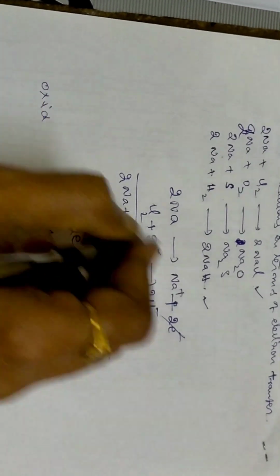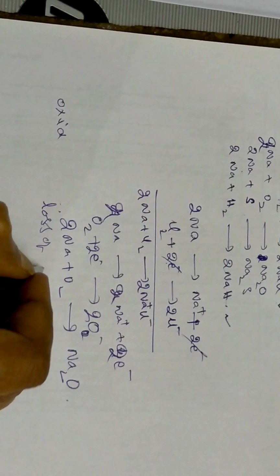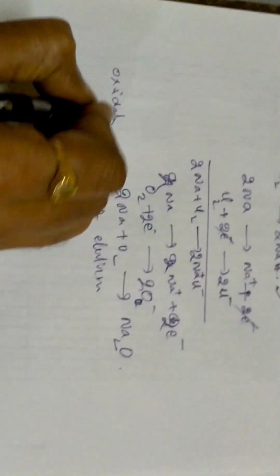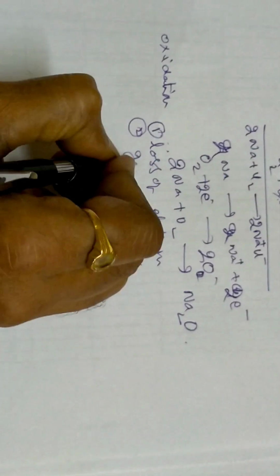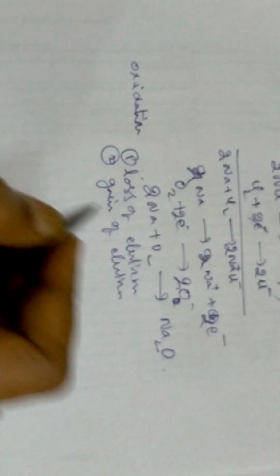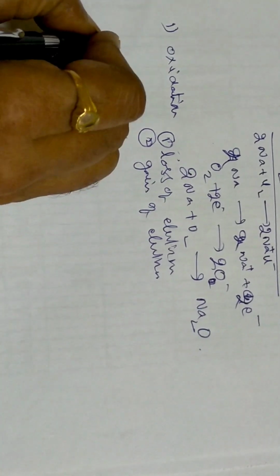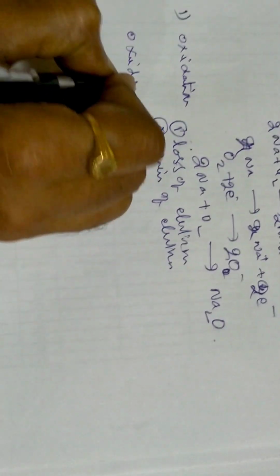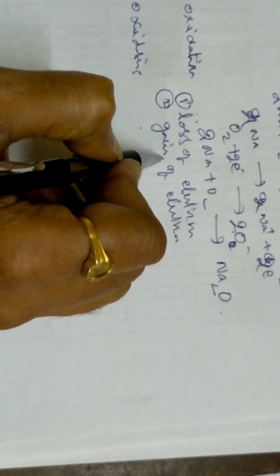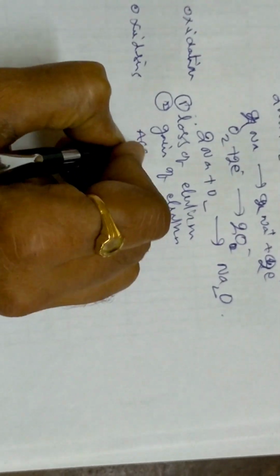From the electron theory, oxidation means loss of electrons. Number 1: loss of electrons is oxidation. Reduction is gain of electrons, by a species, by an atom. Now one more we are defining, the oxidizing agent. The oxidizing agent is the reverse: one who is gaining electrons is the oxidizing agent, an acceptor of electrons.